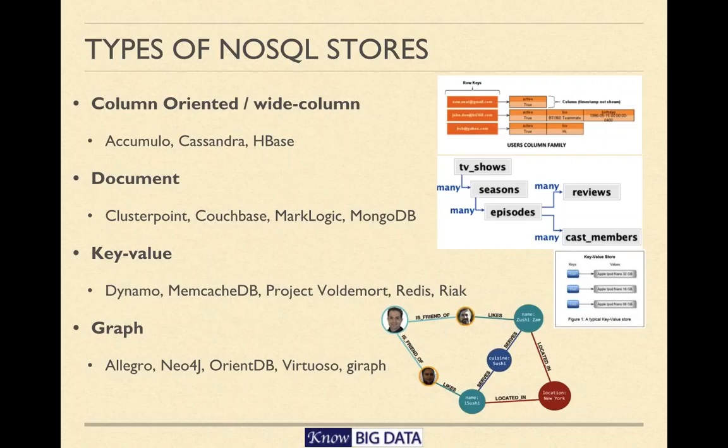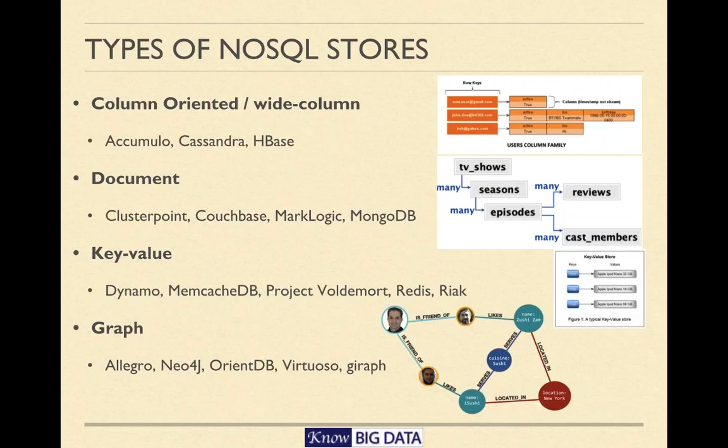What is a document oriented database? Let's talk about what a document is. A document is a complex object. For example, you have to store TV shows. So the way you store is you create an XML kind of structure or JSON kind of structure where you have TV shows. Then TV shows contain seasons.